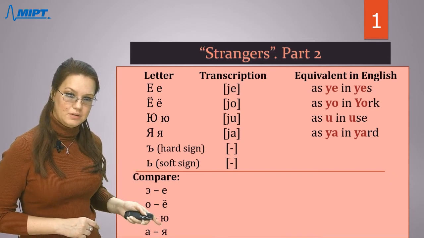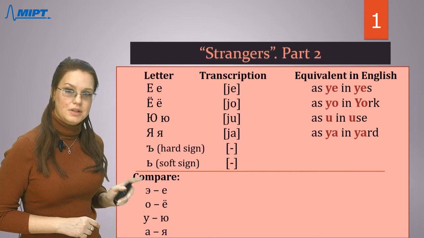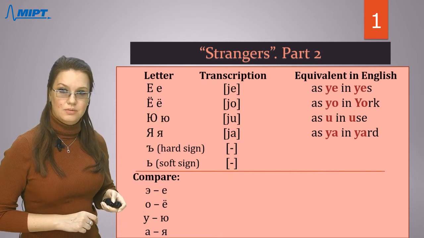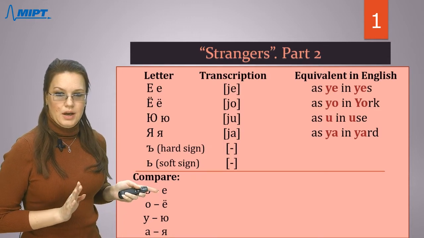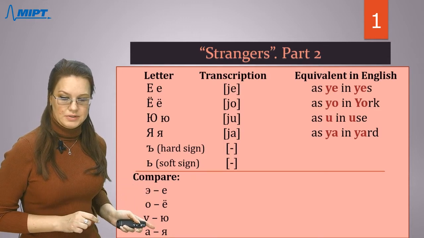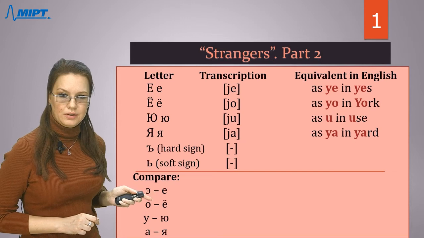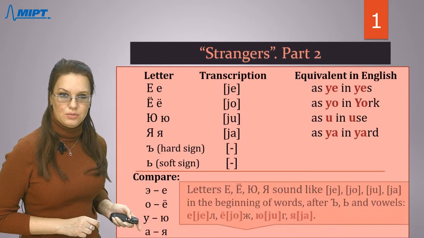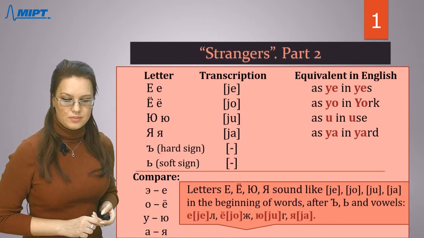But the second letters give us two sounds, like Y plus a vowel. I will read the second ones once again: Ye, Yo, Yu, Ya. So they will sound like this.